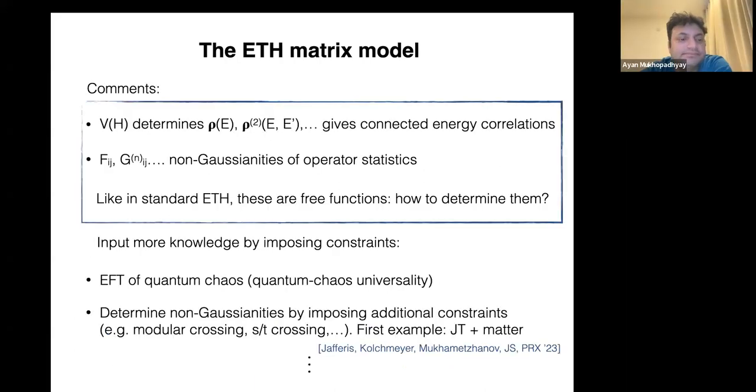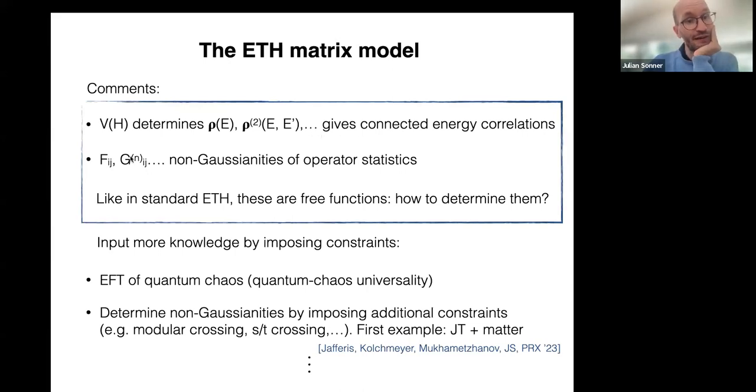Okay, thanks. So, finishing up for the ETH matrix model. The potential determines the average spectral density, the average correlation of the spectrum, and so on, higher moments. So it gives connected energy correlations. It also gives the disconnected part, but in particular it gives connected energy correlations, which is interesting.